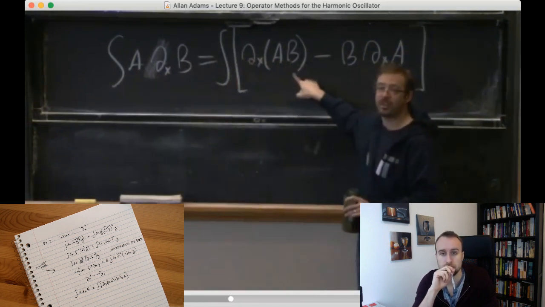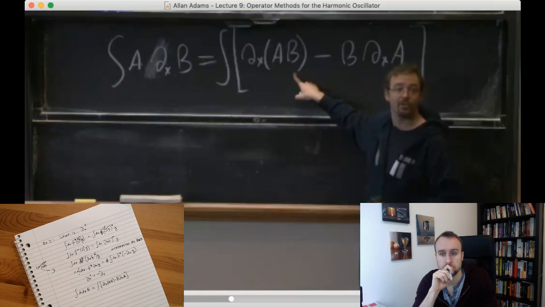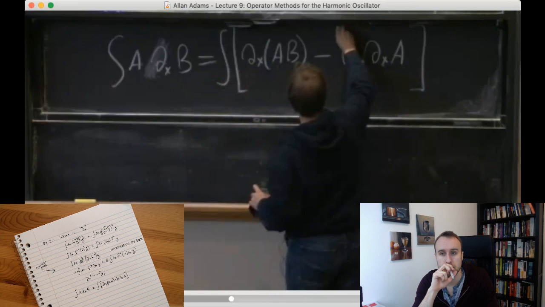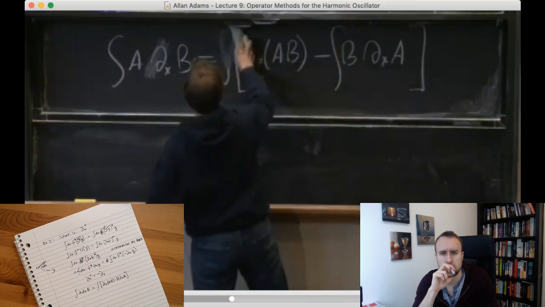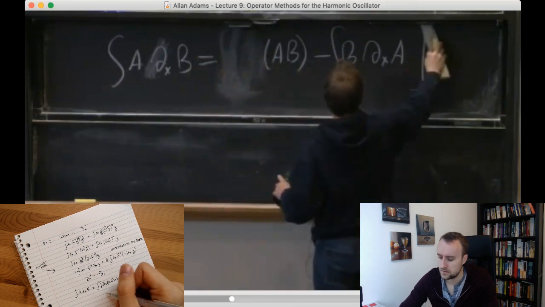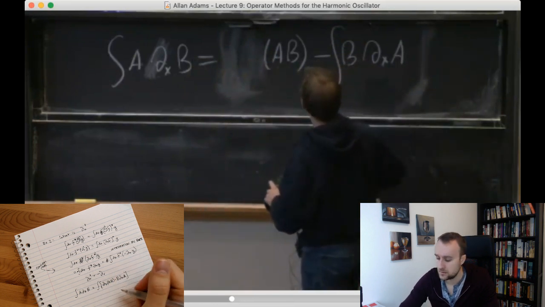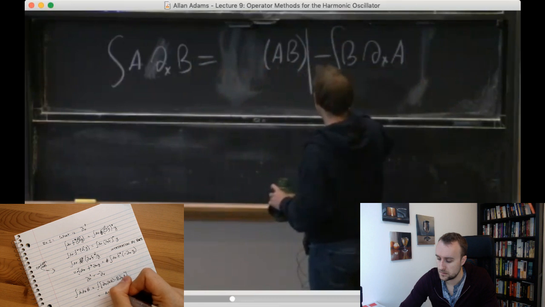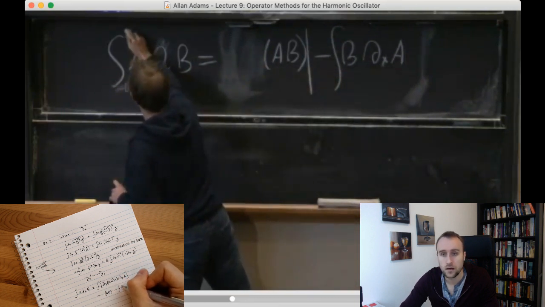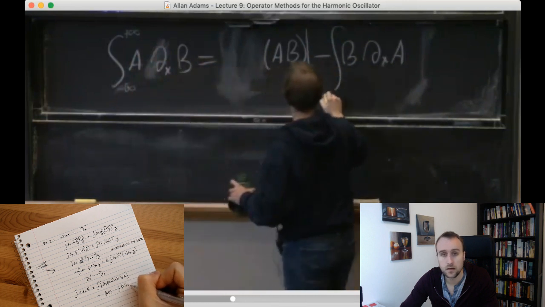But this is a total derivative, so it only gives us a boundary term. The integral and the derivative, because an integral is nothing but an antiderivative, cancel, leaving us with the boundary terms. In this case, it's from our boundaries, minus infinity and plus infinity.